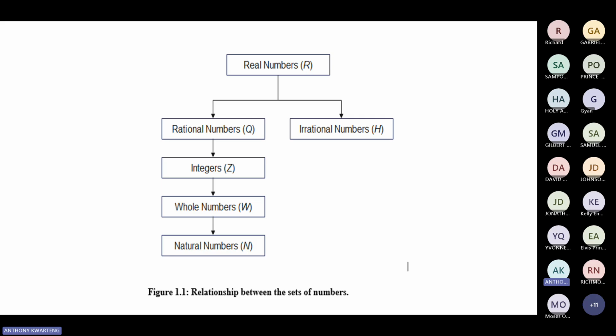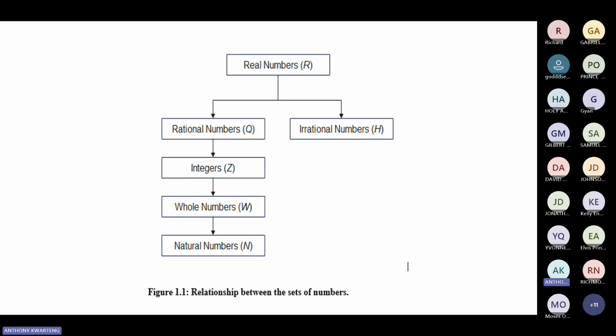But for a fraction to be a rational number, both numerator and denominator must be integers.